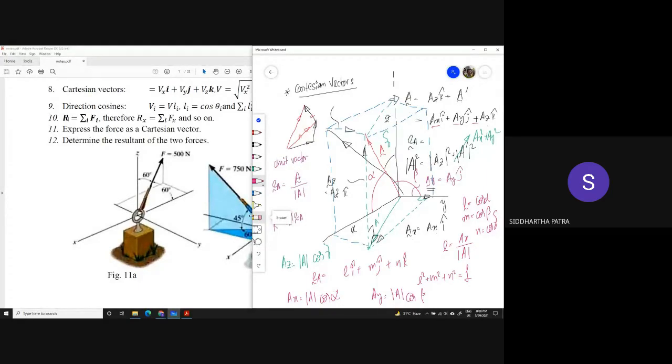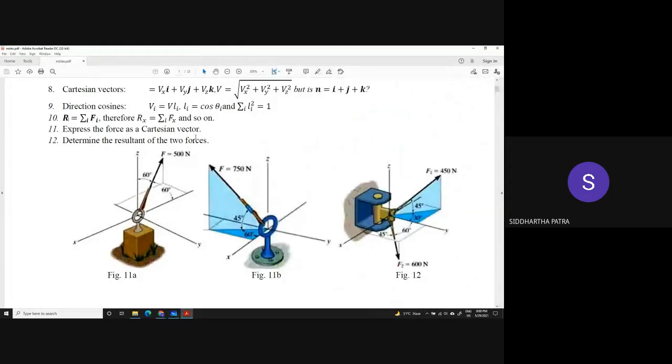Achha. With that, let's move on to the first problem. Here, the angle with the z-axis has been given, and the angle with the negative x-axis has been given. So you can find the component in the z direction and in the negative x direction.